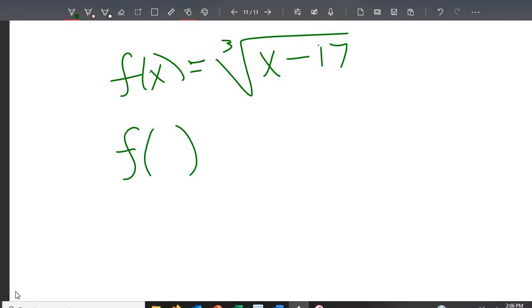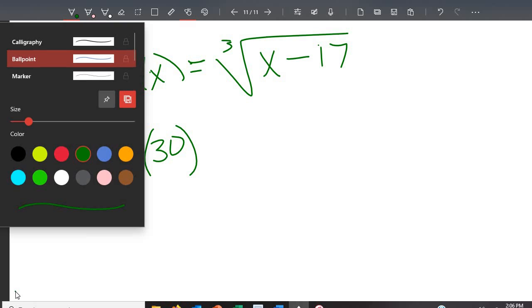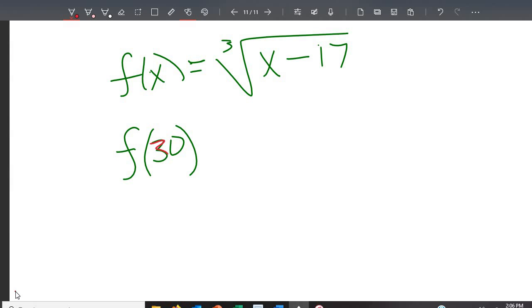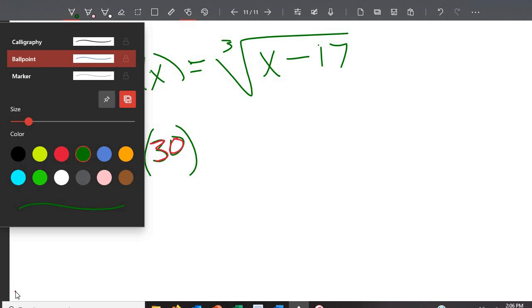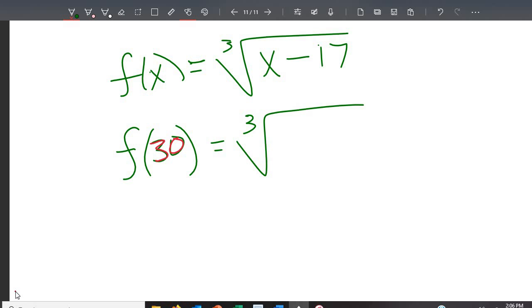Let me change that number to a 10, and I want to find the function value for 37.